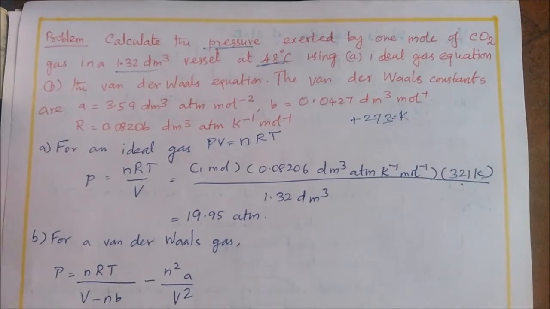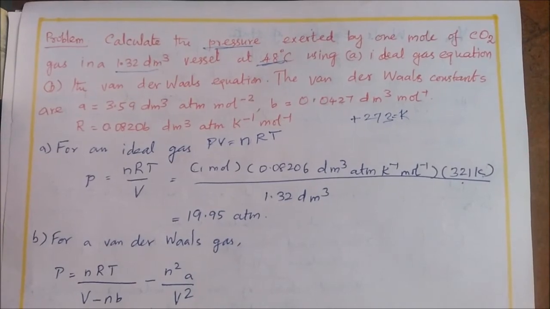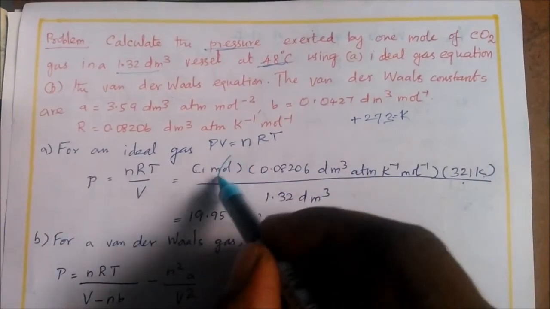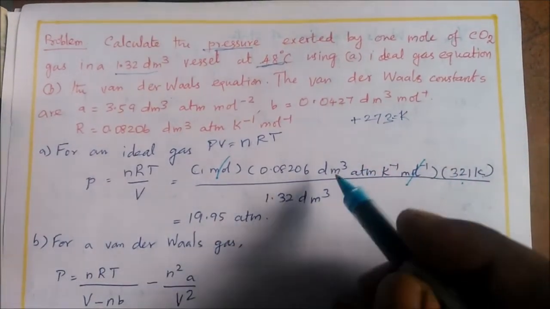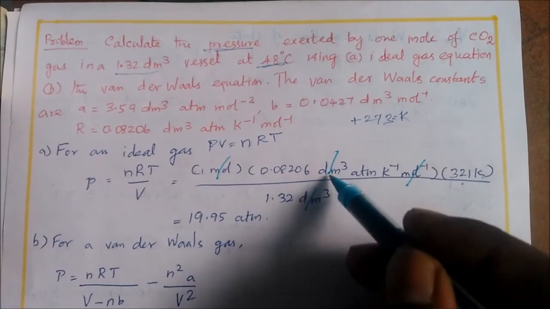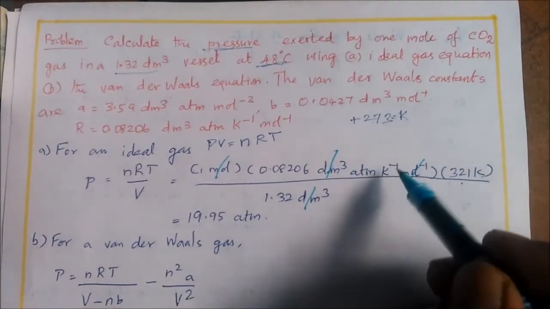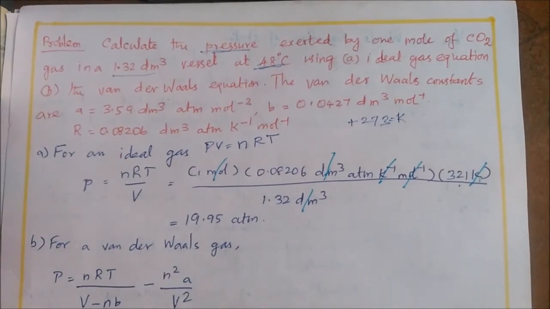So we have substituted here, and when we go for simplification, here we have mole and here we have mole inverse, so both the units can be cancelled out. Here we have decimeter cube and here we have decimeter cube, both the units are cancelled out. Here we have Kelvin inverse and here we have Kelvin, so all the units are simplified.